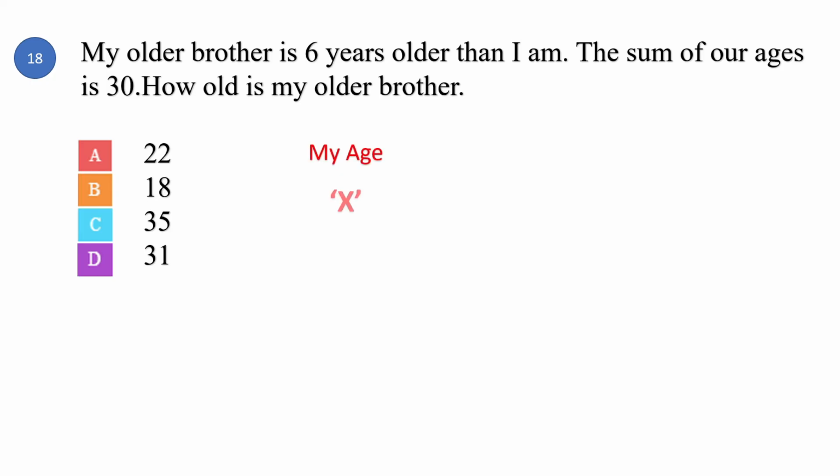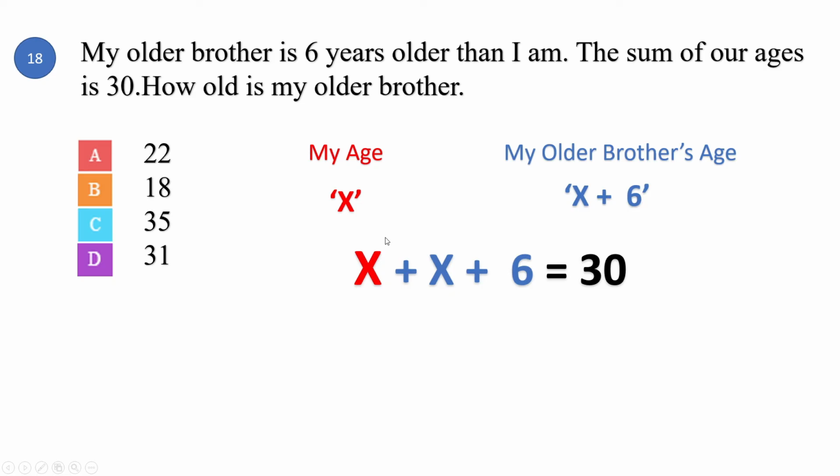So let's say my age is X and my older brother's age would be X plus 6 because he's 6 years older. And the sum of our ages, which is X plus X plus 6, is 30. Now once you have this equation, it's easy to solve. So X plus X is 2X, plus 6 is equal to 30. Now I will reduce 6 from both sides. So my 2X is 30 minus 6, which is 24.